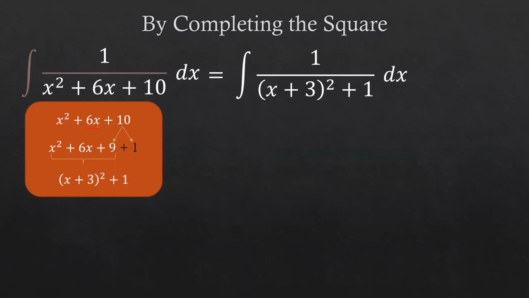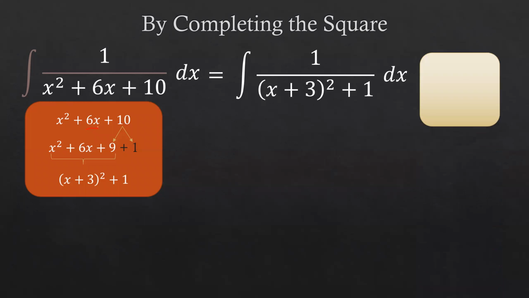Now we would have to know, why is that helpful? Well, that has to do with inverse tangent. Okay, let's take a look. Suppose you let u be x plus 3, then your du will just be 1 dx. So you can do a little u substitution here.